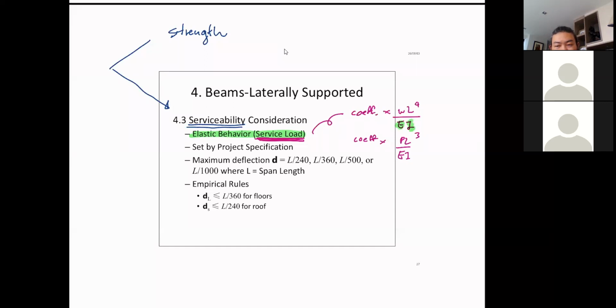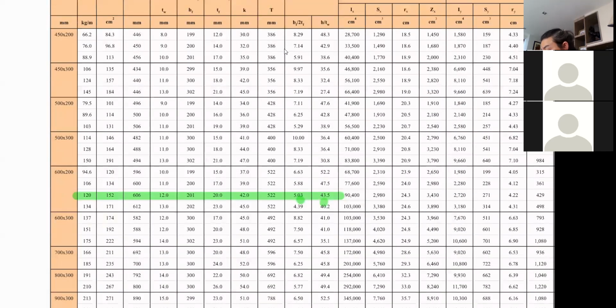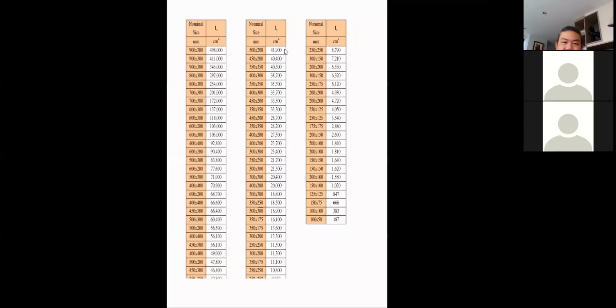So if you cannot change the load or the span length and you're using steel, the only way to fight off the deflection is by choosing a higher moment of inertia. That is why we have this table, not this one, that one. See, sometimes you have a very long span beam and the load is not that high, so the requirement for your plastic section modulus is also not very high, so you can pick up a small section.